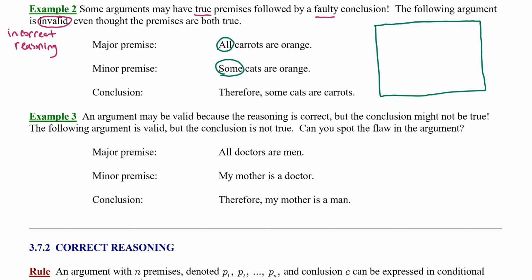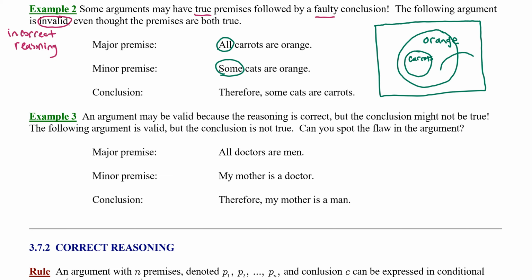The major premise is all carrots are orange. So let's look at a set of orange things. Inside this circle, we've got things that are orange. All carrots are orange, so the carrot circle has to be completely within the orange circle. Now, some cats are orange.